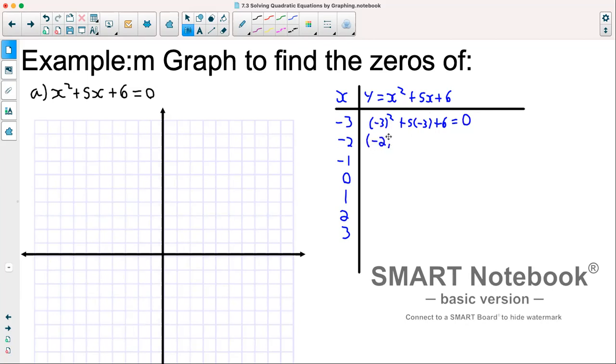Next, we have -2 squared plus 5 times -2 plus 6. -2 squared is 4. 5 times -2 is -10. So we've got 4 minus 10 is -6, plus 6 is 0.